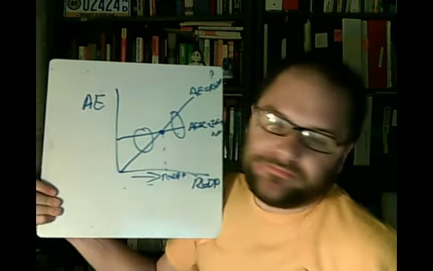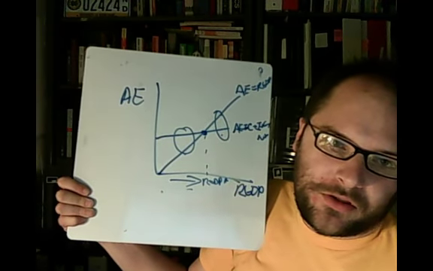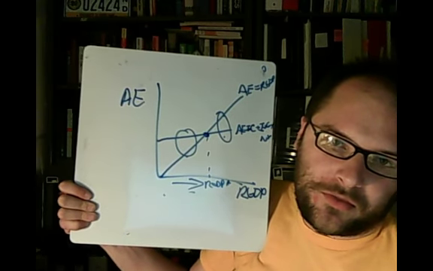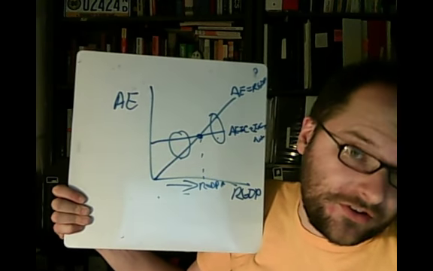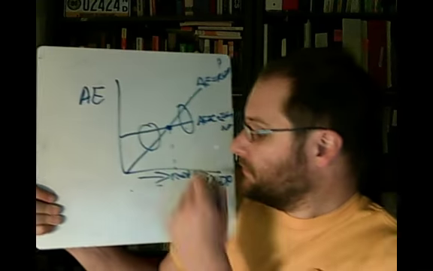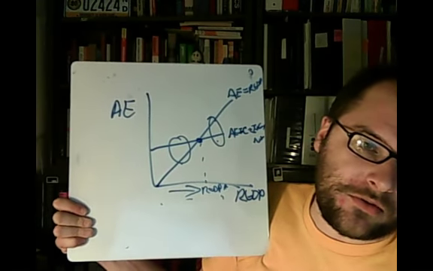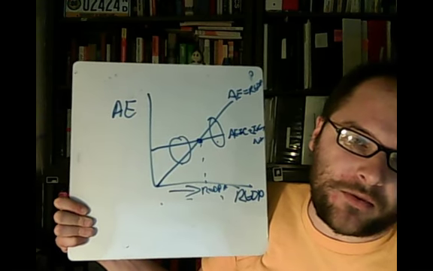To the left of that, you would be below potential GDP, and you would have higher unemployment, some positive cyclical unemployment. On this side right here, you would have negative cyclical unemployment, and you would have an economic boom period.